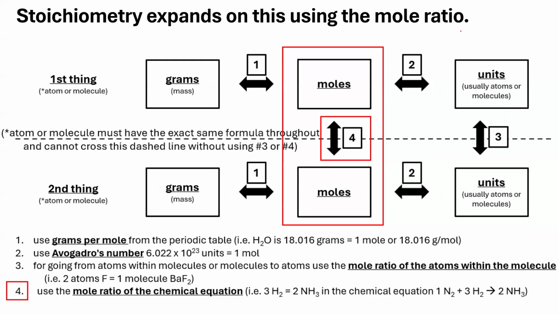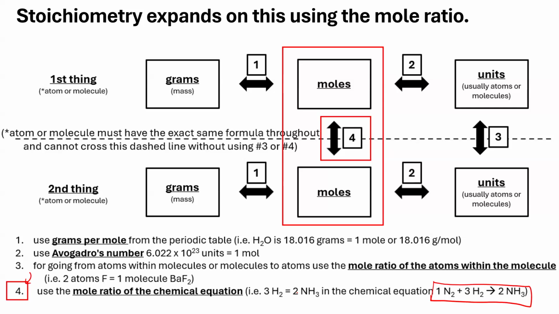Okay, stoichiometry expands on this conversion table using the mole ratio. We're adding this new number to our conversion table, and it's basically the mole ratio of the chemical equation. So we're going to look at a chemical equation. I gave you an example here. We're just looking at the ratio of the different reactants and different products within that chemical equation.